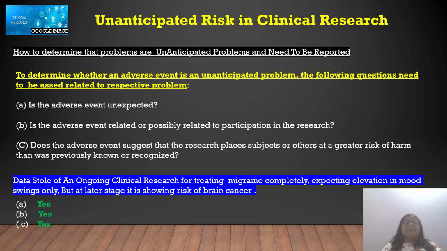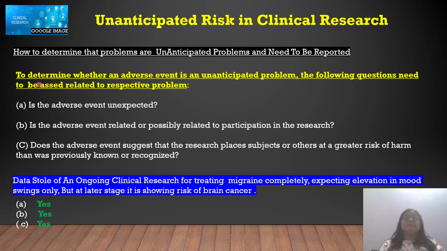Now we will see how we determine that problems are unanticipated problems and need to be reported. Okay, you got it that we need to report the unanticipated problems. But how will you determine that these problems are unanticipated?